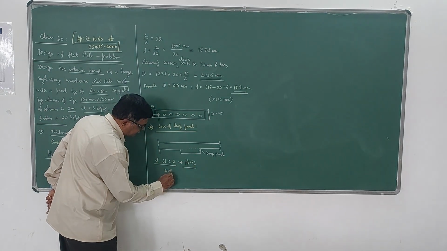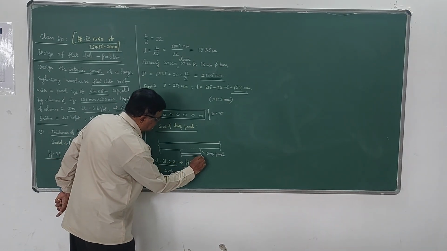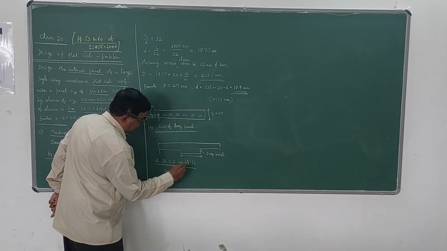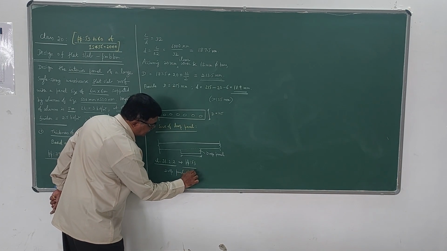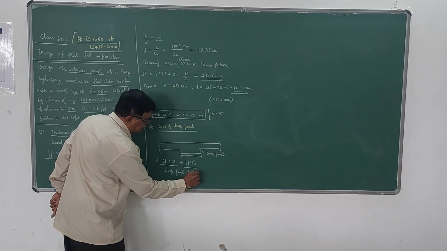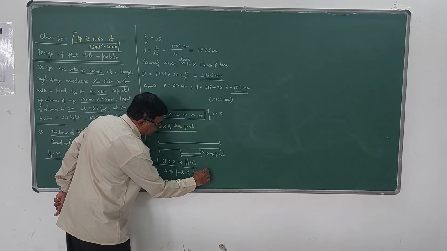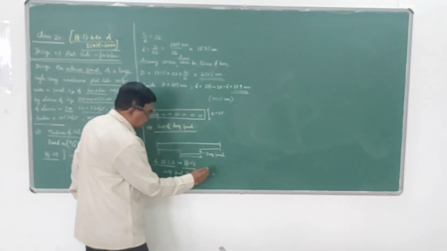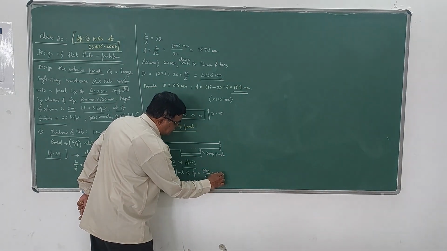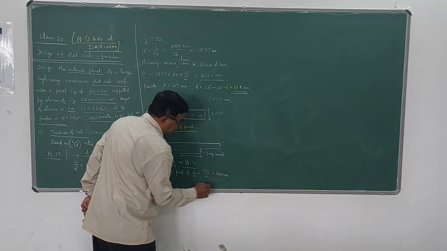According to that, this is the length of the drop panel. It should not be less than L by 3. Here L is 6000 mm, 6 meters, so that is 2000 mm. It should not be less than 2000 mm.